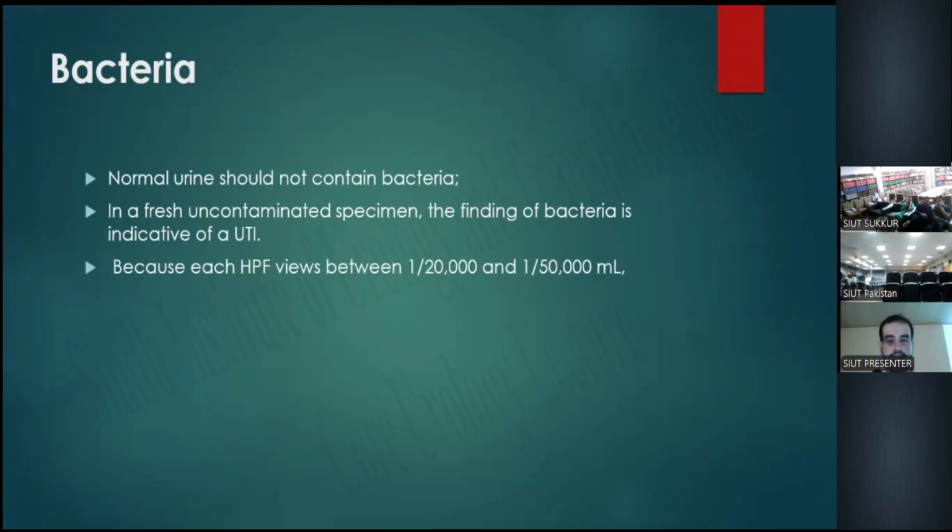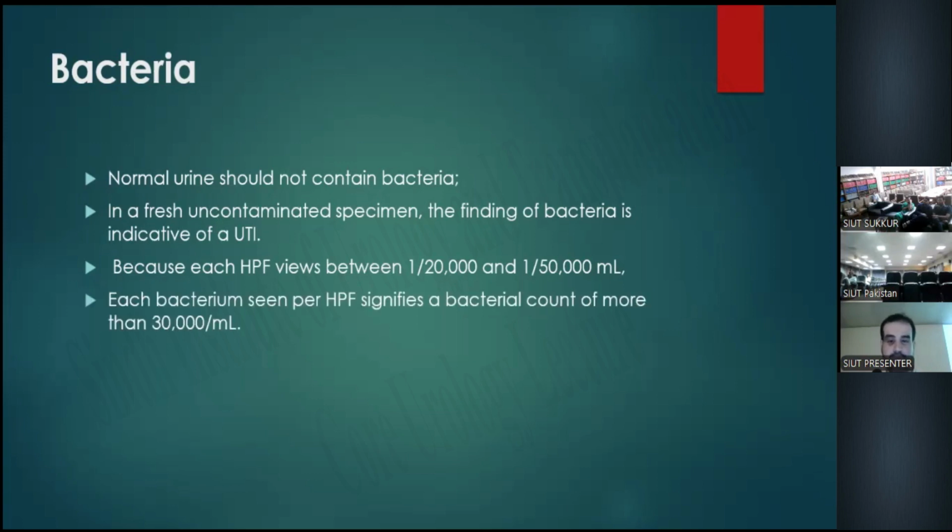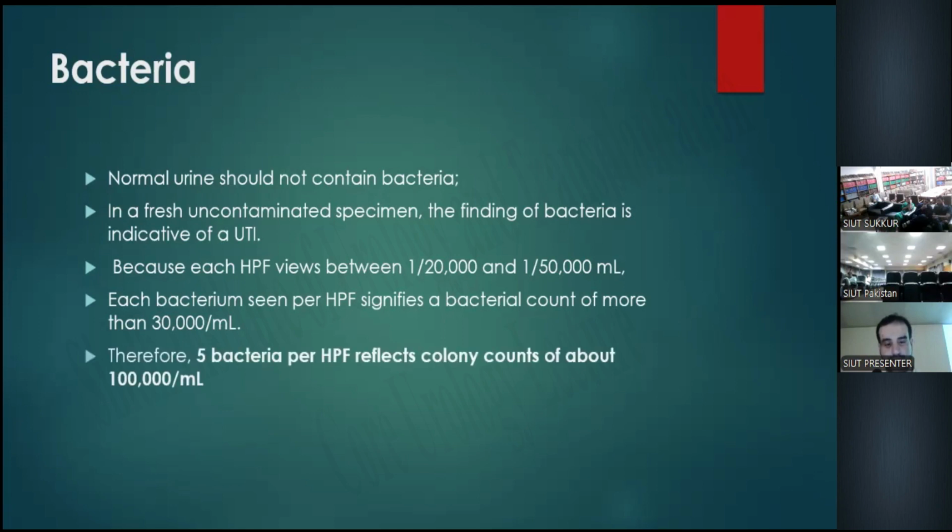Each bacterium seen per high power field signifies a bacterial count of more than 20,000 to 50,000 per ml. Therefore, 5 bacteria per high power field reflect a colony count of about 100,000 per ml.